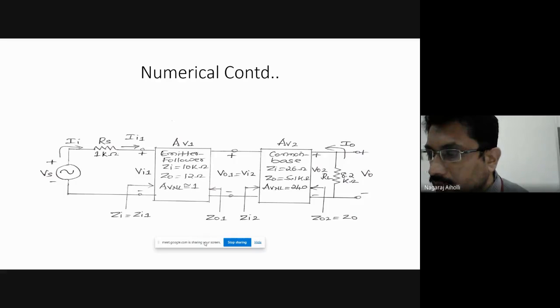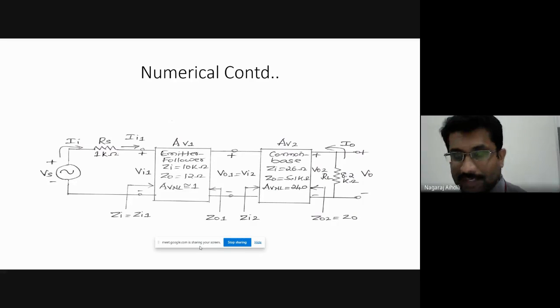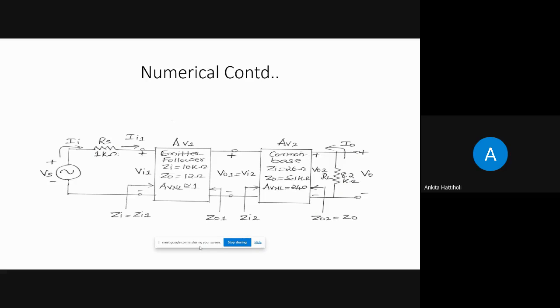Just check. It is 8.2 kilo ohm, and that is multiplied with 240. Tell me the total value, whatever the numerical value is, in terms of V02 and VI2. That is 147.96. Very good.